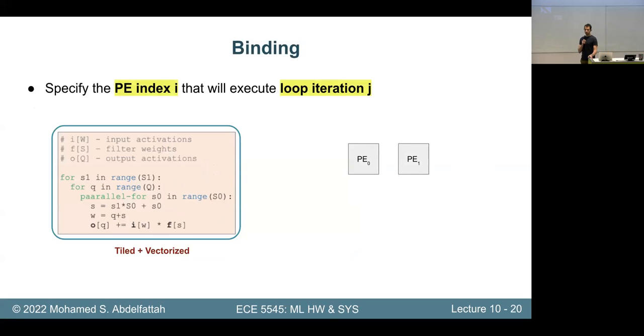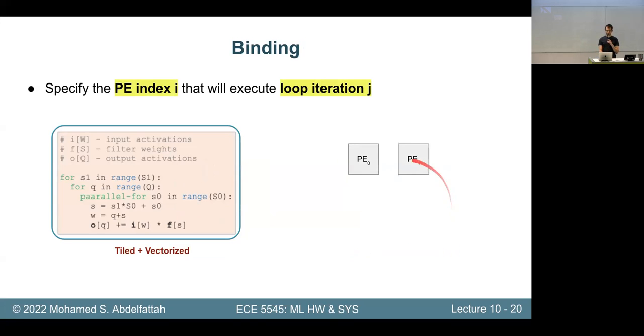Okay, and then one final thing, which is necessary for many devices, is binding. We have all of these PEs or all of those cores on a piece of hardware. We still need to explicitly specify which PE will operate on which operation exactly.